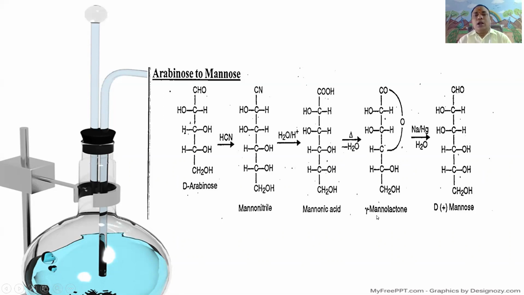It is called gamma mannolactone, which undergoes reduction in the presence of sodium amalgam in water to give D-mannose. This is called the Kiliani-Fischer synthesis, in which the aldopentose is converted to aldohexose, that is glucose or mannose.